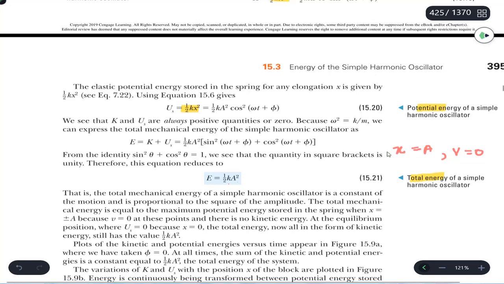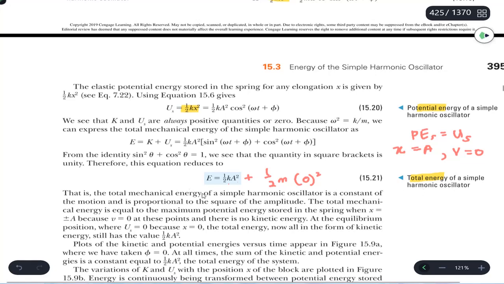In short, at this location x equals A, energy is purely in the form of potential energy belonging to the spring. That's the reason the product of half k A squared will give you the total energy.